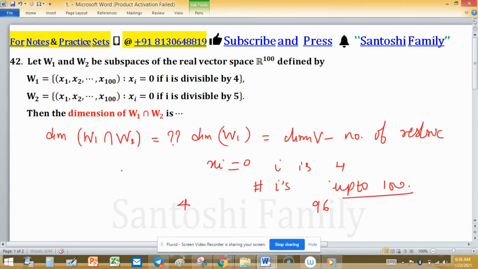Divisible by 4 means the next term will come by 4 plus 4, that is 8, then 3 times 4, 12. It means this is an AP, an arithmetic progression. So how many terms are there? A plus (n minus 1) into d. You can find the number of terms by this because we know the first term and common difference.